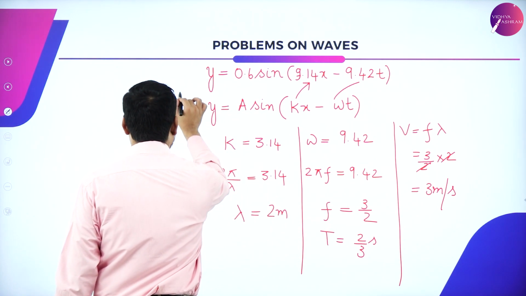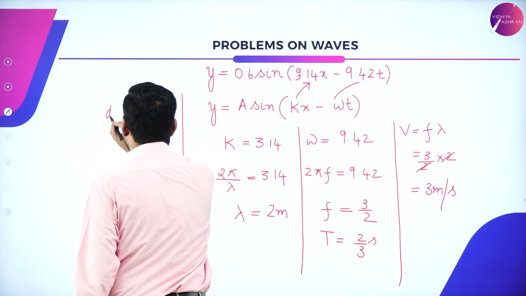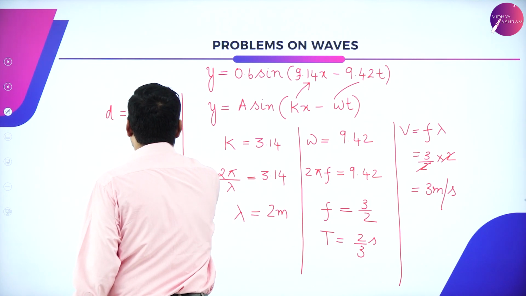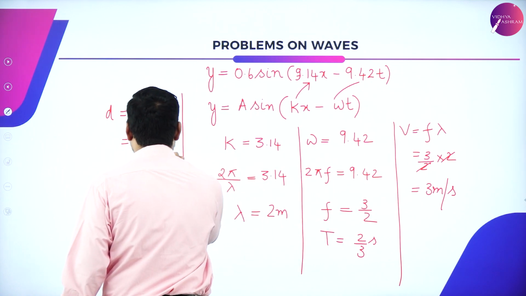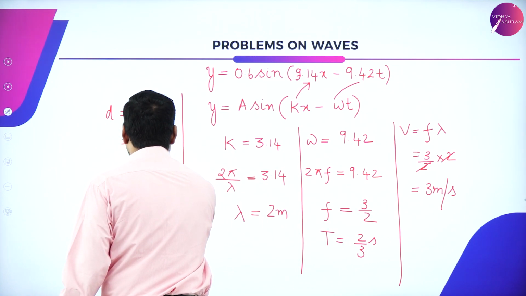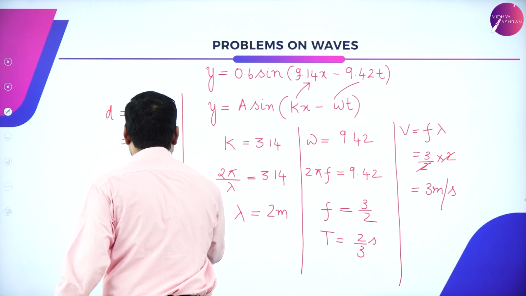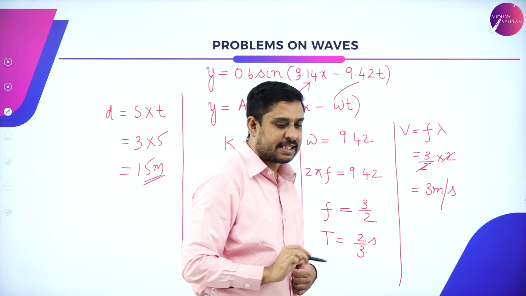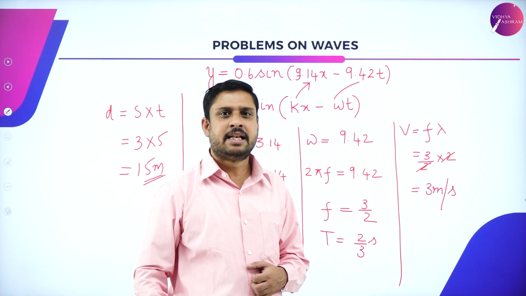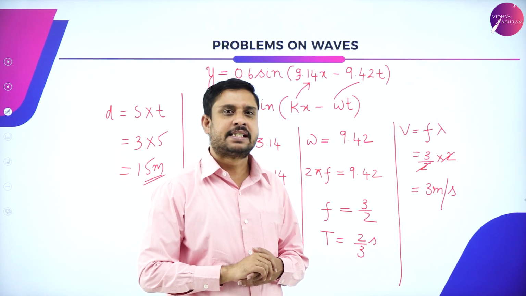So students, distance is speed into time. Speed is 3. So 15 meter will be the distance traveled in a time interval of 5 seconds.